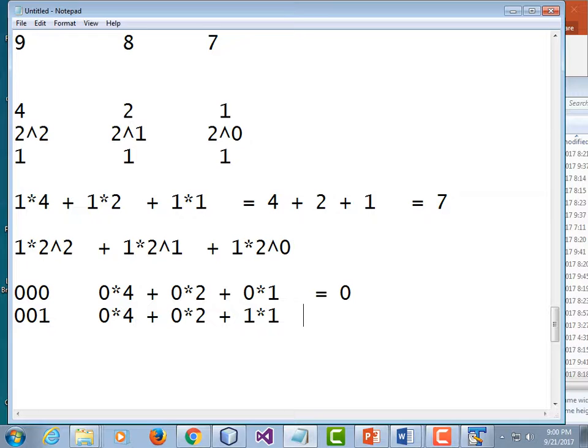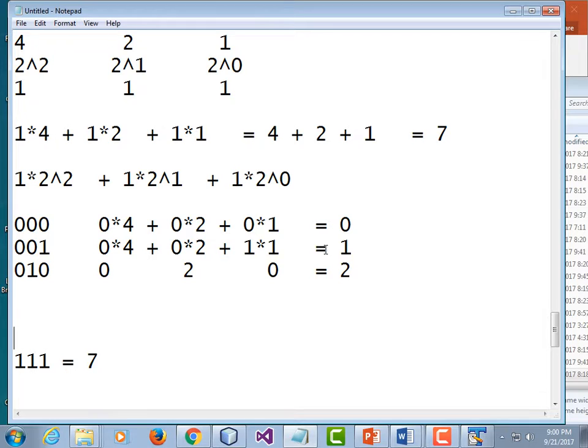Okay, so we got 1. Do we have any 4s here? Do we have any 2s in it? Do we have any 1s in it? Nope. So that's a 2. And so on, all the way down to 111, which was 4 plus 2 plus 1.